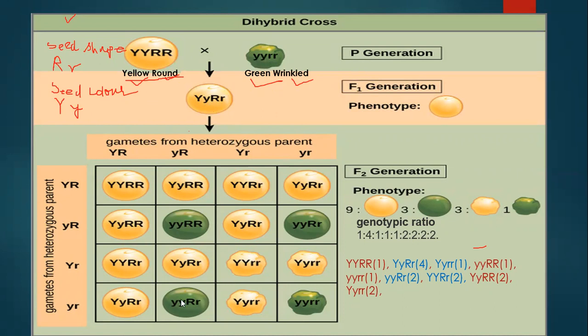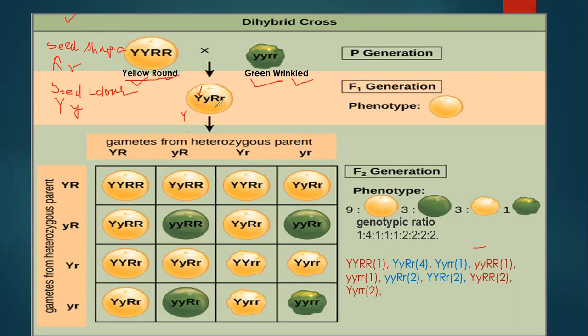If you check the phenotype according to the laws, you have capital Y and small y. The capital Y gene will be expressed because it is dominant, so this is yellow.